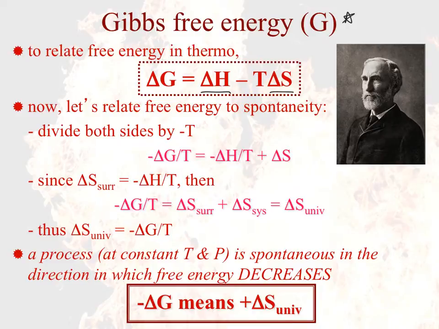So if we look at our free energy and its relationship to spontaneity, we can utilize our previously discussed understanding of entropy and its relationship to spontaneity. If we take the free energy equation that we have here and divide both sides by negative T, we end up with the equation that you see here.